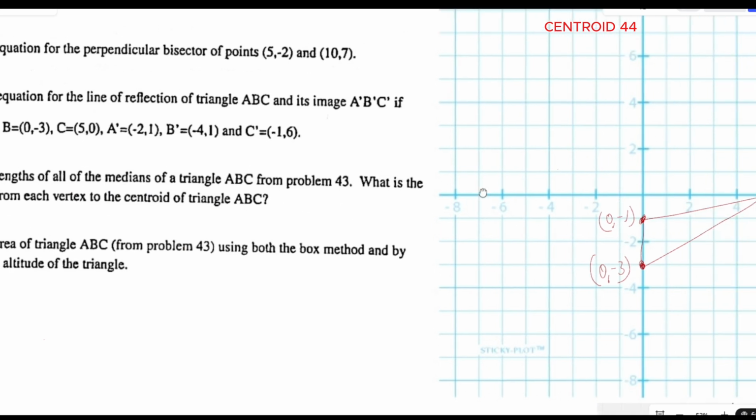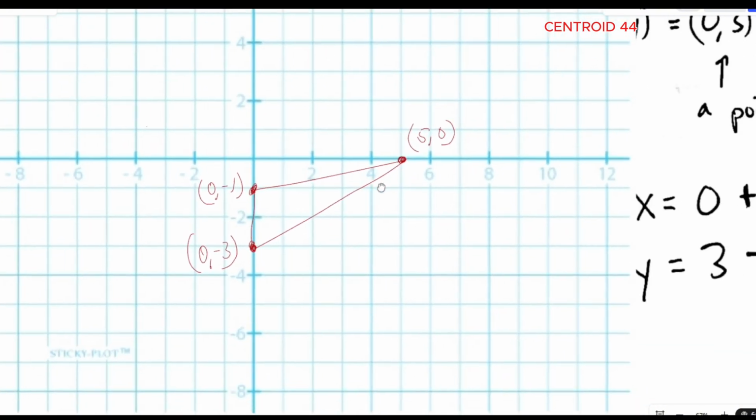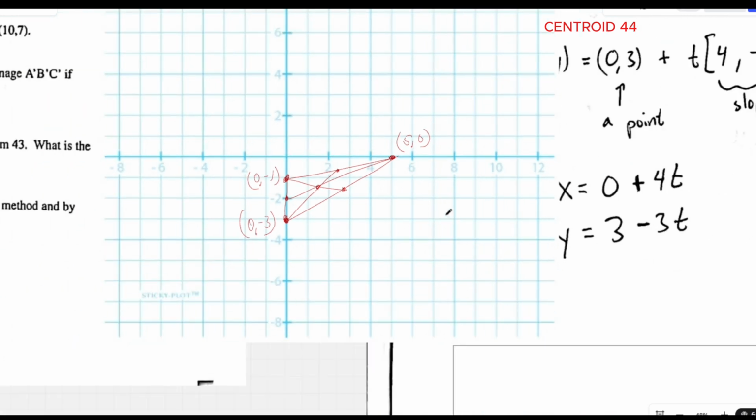All right, let's start by getting the lengths of these medians. The median is from midpoint, at least that one's easy, to vertex. There's one median, then this midpoint and that vertex, and then this midpoint and that vertex. Terrible. All right, let's just get these midpoints real quick.